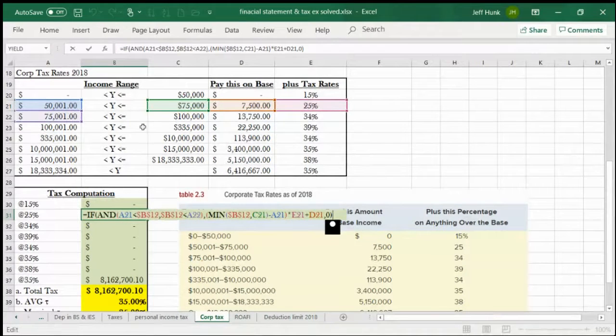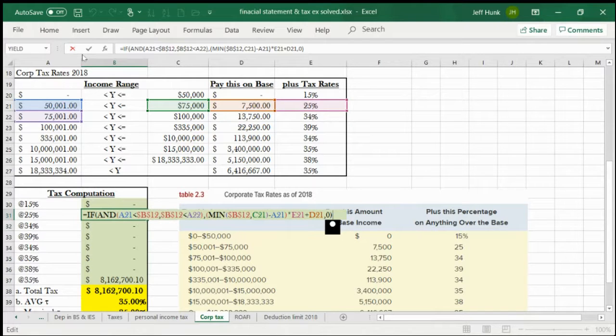But what if our taxable income is exactly between, something like, 60K? Then it would fall into this range. And then you take the lesser of the two, minimum of the two, and take the difference between that amount and the base amount, the lower bound, taxed at 25%, and you add it to this fixed amount.